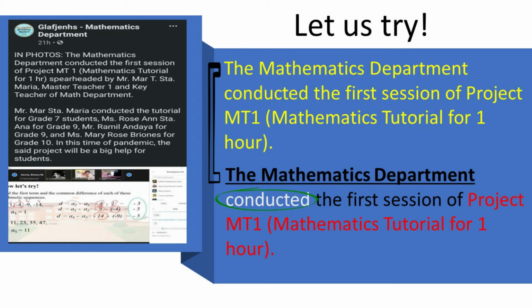So applying the structure, we can say that the subject in this sentence is the mathematics department, the verb in its past form is the word conducted, and the object of the sentence is the Project MT1.